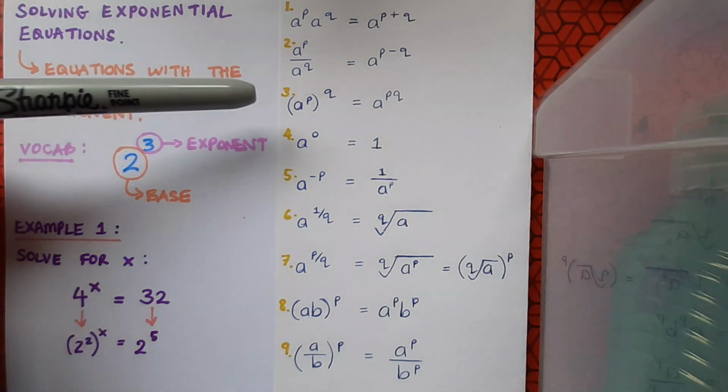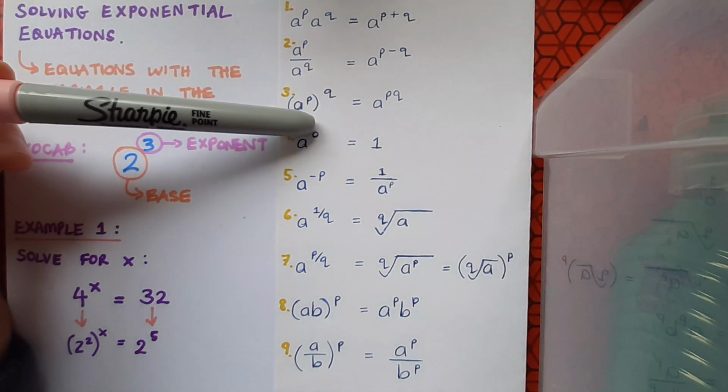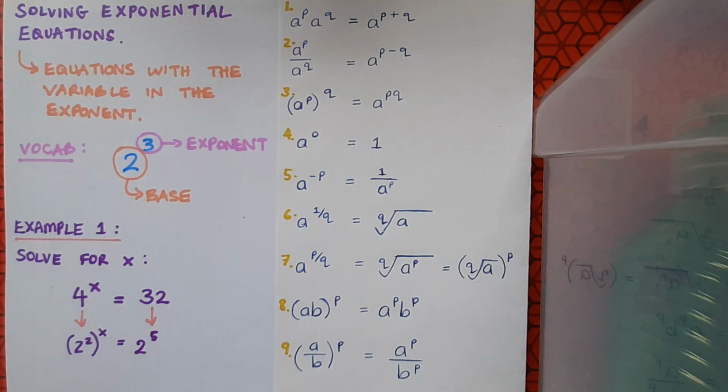You can see pretty obviously it's going to be rule 3, a to the power of p to the power of q is a to the power of pq. The bracket helps us to remember that we should multiply. So here we're going to change this term so that it reads 2 to the power of 2x. And the 2 to the power of 5 doesn't need to change. Okay, so now I've got one term each side. The base is the same in both cases, it's 2. So now what I can do is get rid of the bases and just solve using the powers.